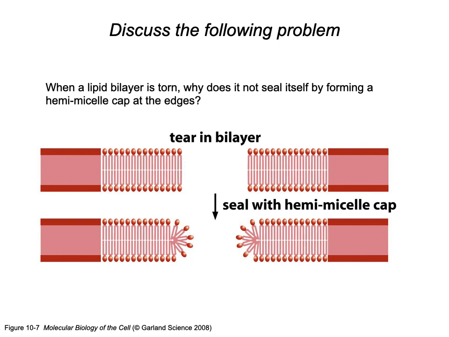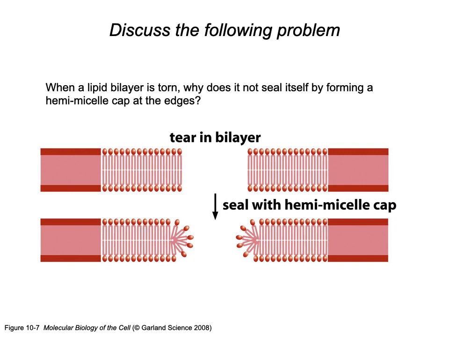Right, so the scenario I was just talking about is if we have this tear in the bilayer, well, why don't we just take those and turn them in on each other to create this hemimeniscus cap, right? We said if there was one hydrocarbon tail, like in detergents, they can form a meniscus, they can form that sphere. But there becomes an issue when you have two hydrocarbons, because now there's going to be this gap between that hydrophilic head, and so that's areas where water could be exposed, right?